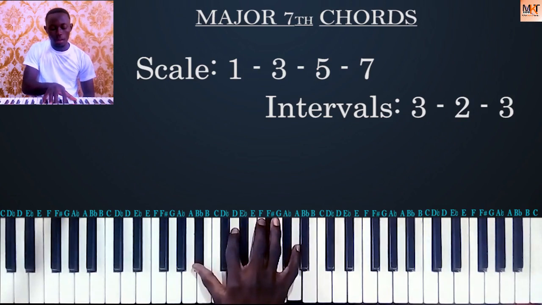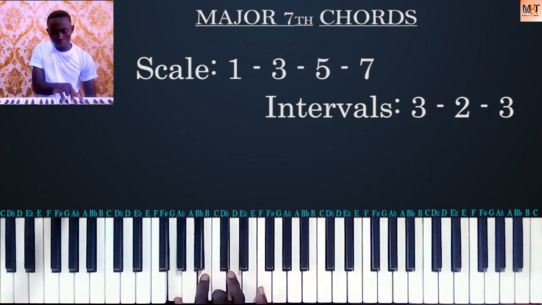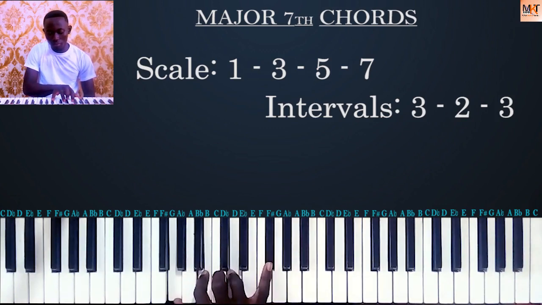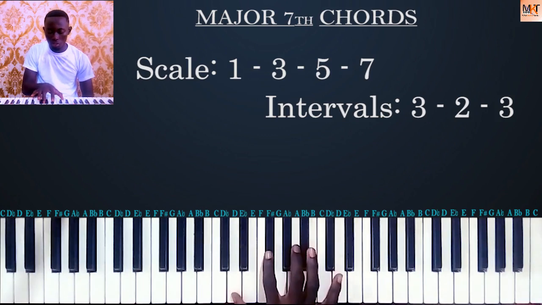B flat major seventh, G major seventh, G major, and then add the seventh note to it, like that. D major seventh, G major, and then add the seventh note to it.